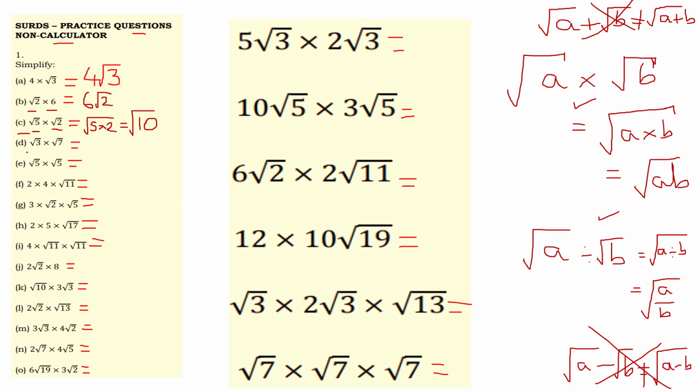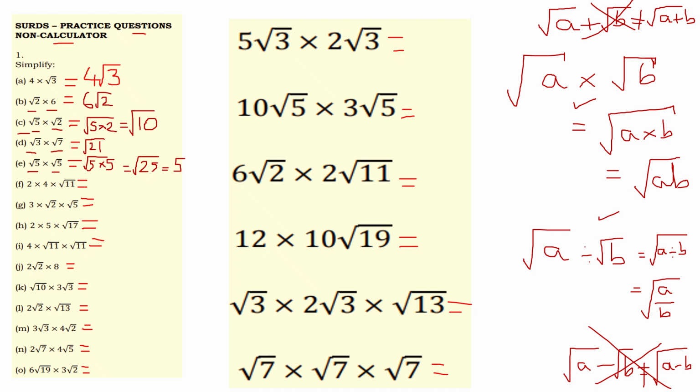Next up, part D, root 3 times root 7. Well, that'll be root 3 times 7, which is root 21. Part E, root 5 times root 5. So I'm going to have 5 times 5, which is 25. I have the square root of 25, which is just 5.